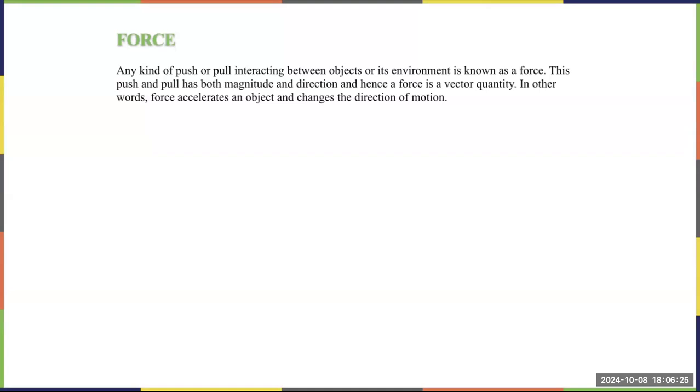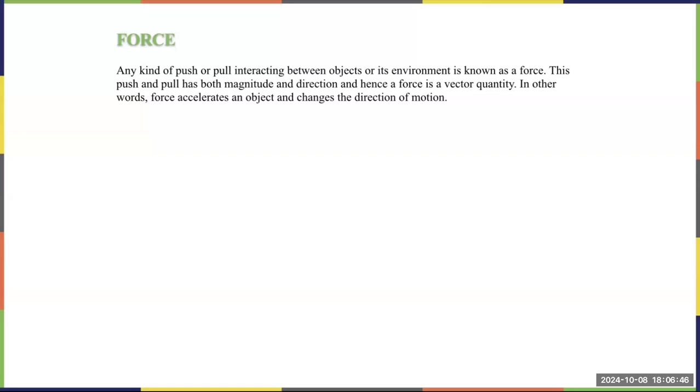Okay. So in other words, force accelerates an object and changes its direction of motion. Even if an object is moving with a constant speed but it is going in a circular motion, right? There is an acceleration, and that is due to a force.